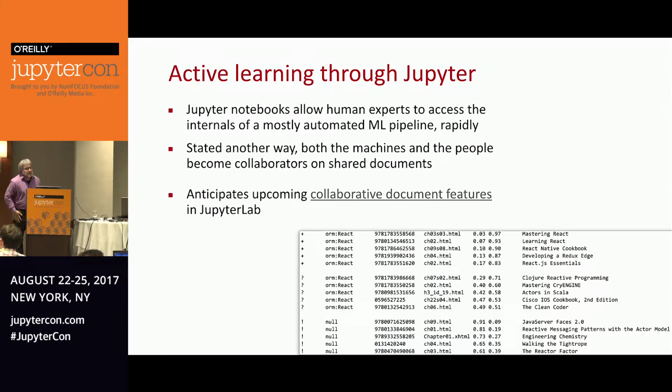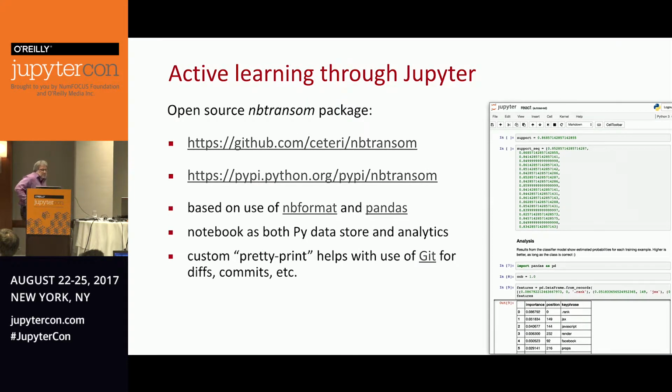I guess another way of looking at this is that both the machines and the people become collaborators on shared documents. In a lot of ways, this is anticipating what will be coming up with Jupyter, JupyterLab, using Google Drive for shared documents, essentially. The machines are writing part of the docs. There's an open source project called NB Transom. It's tiny. It's not a lot of code.